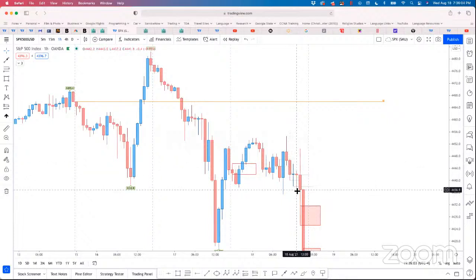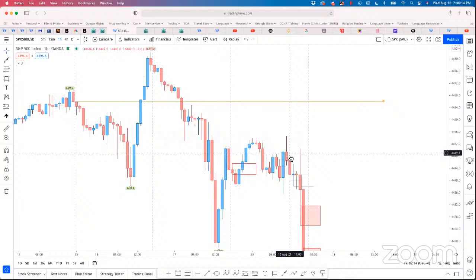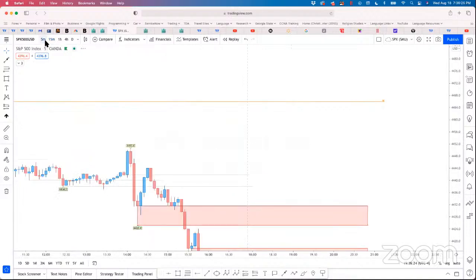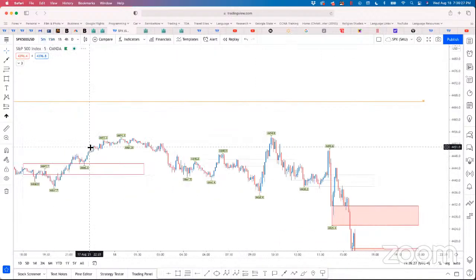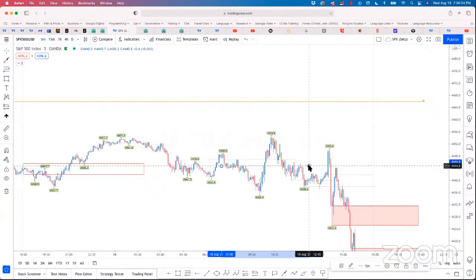Then you can drop down to any other time frame to check, but it's going to tell you this high on the 1 hour isn't holding. On the 15-minute, it ain't holding. On the 5-minute, it ain't holding. It's the same exact information.